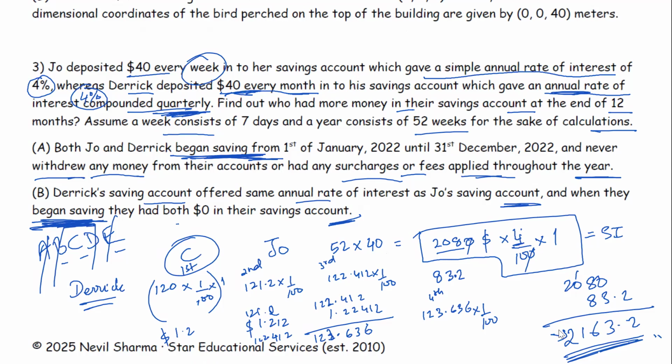As you can see, Derek has made only around 124.86 something, right? Like I said, I'm only taking up to 3 decimal places. So that was the calculation part. C is the answer.